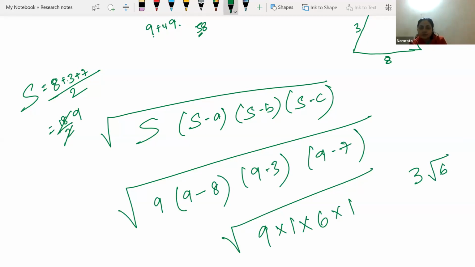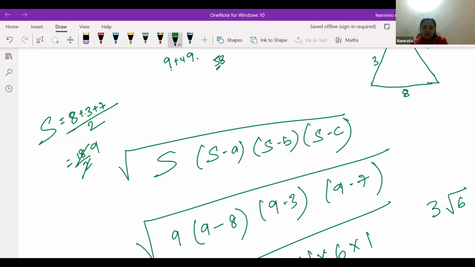I'm getting 3 root 6. You multiplied at 1. Is it 3 root 2? 3 root 2. You wrote 1.